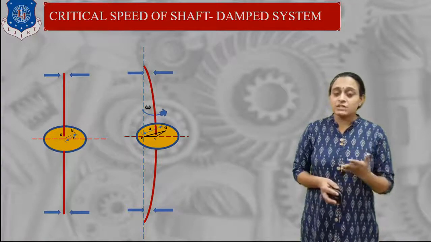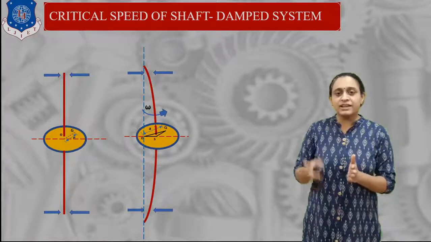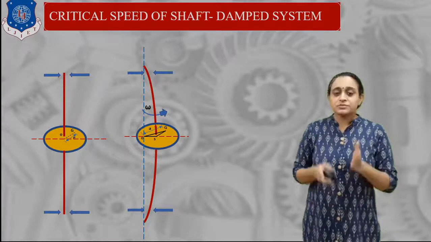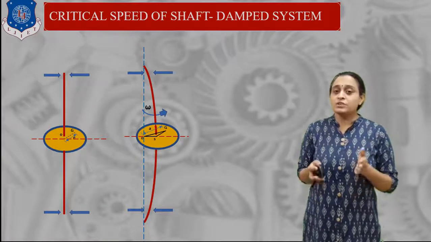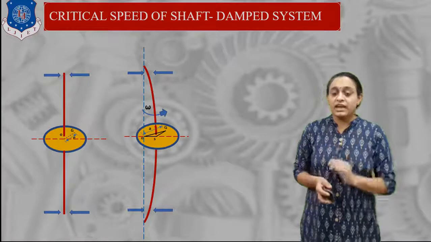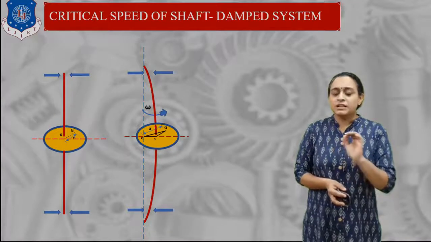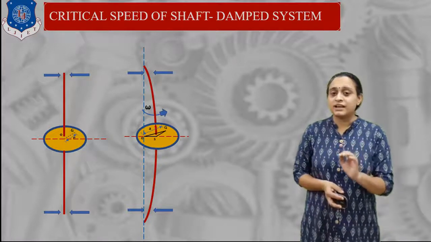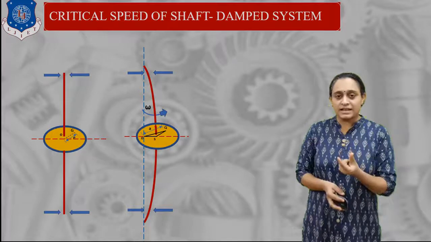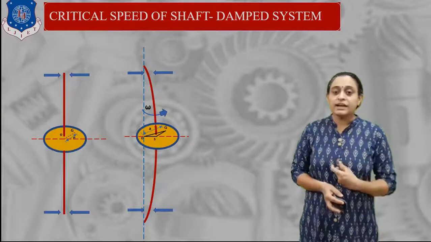Now, if we assume the imaginary axis as well as the original bending axis of a shaft, the distance between O and G will change to a, as you see in this diagram. If it is clearly visible, you can understand that the distance between O and S is y, the distance between O and G is a, and the distance between S and G is e.